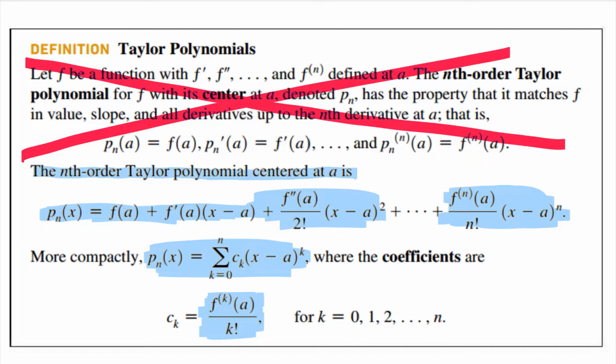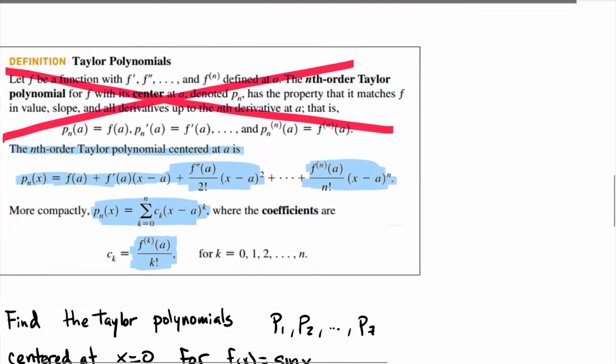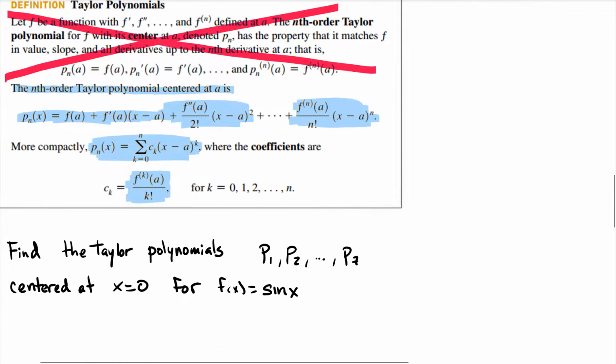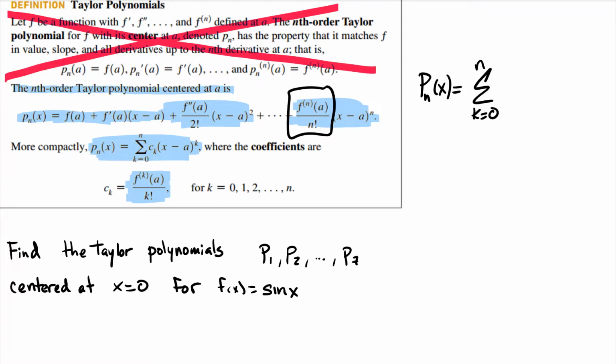So now we have something. I personally don't like the way they write this. Where it gives the sum, k equals 0, and how it just writes in c sub k, I would write in c sub k. It's the nth derivative.